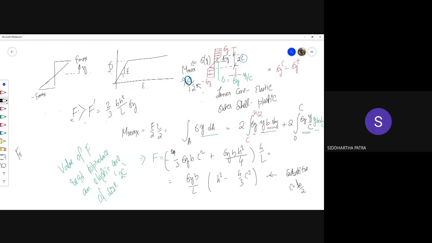So if the size of the elastic core extends to h by 2, and plastic deformation has just begun at the outer fiber, so F of c equals h by 2 should be F prime, right?